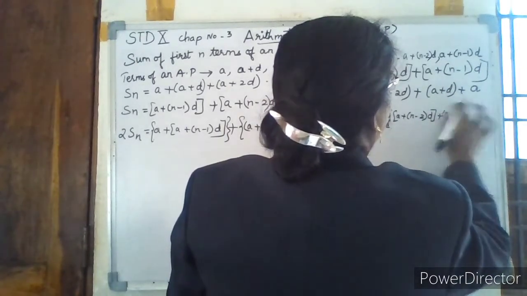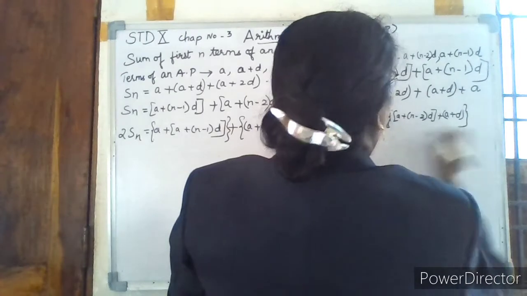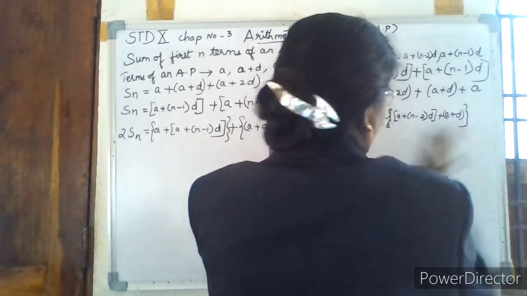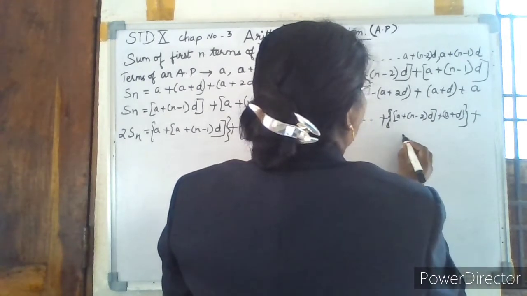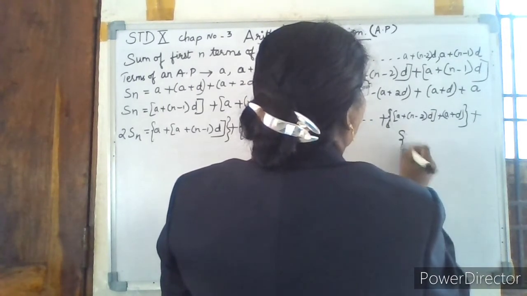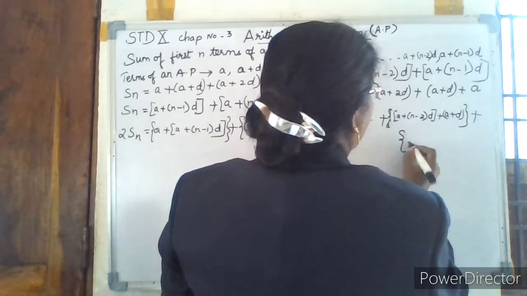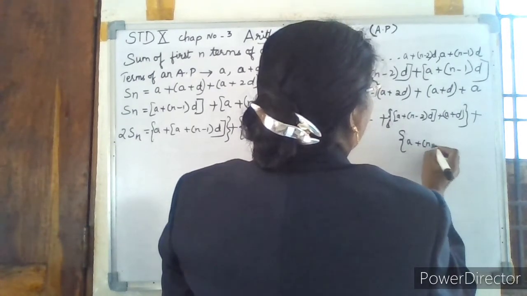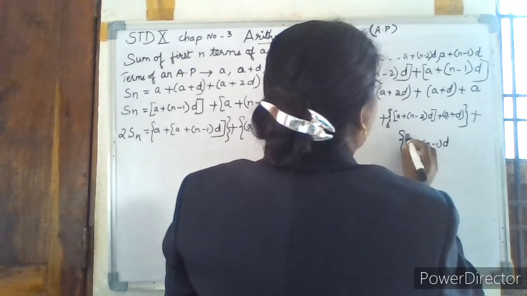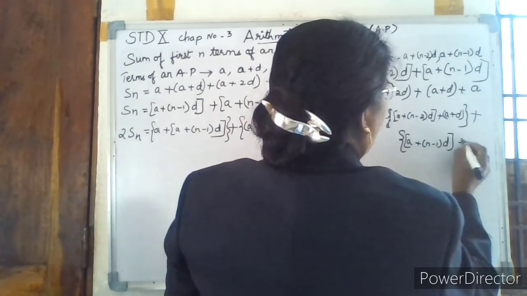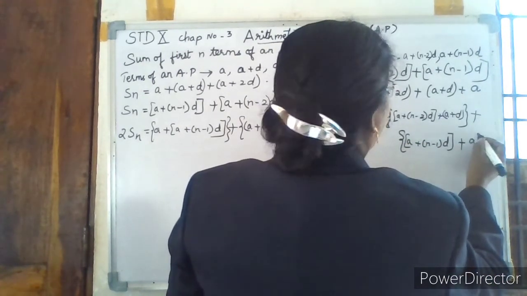And here the last term, that is plus, put it in the bracket, a plus n minus 1 into d, in the box, plus a. In this manner we have got it.